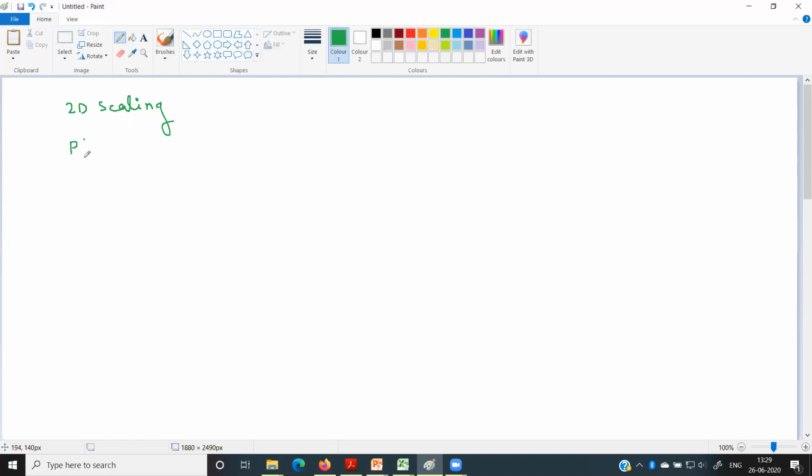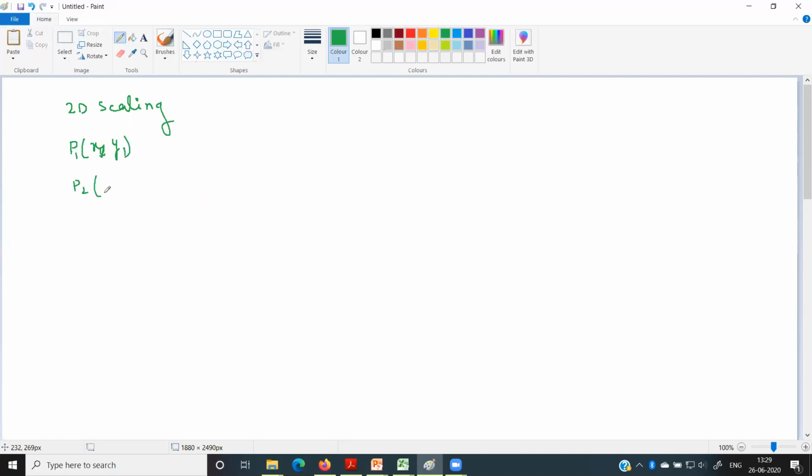So if P is the point with the value x, y, and suppose P is a point of any object, the position will be something like x1, y1. So I have a triangle, so it is x1, y1, this is P1.